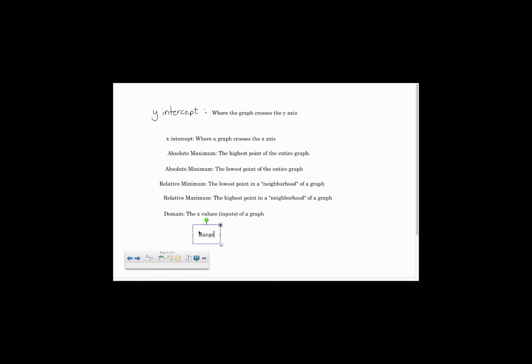Range: the y values, or the output of a graph.